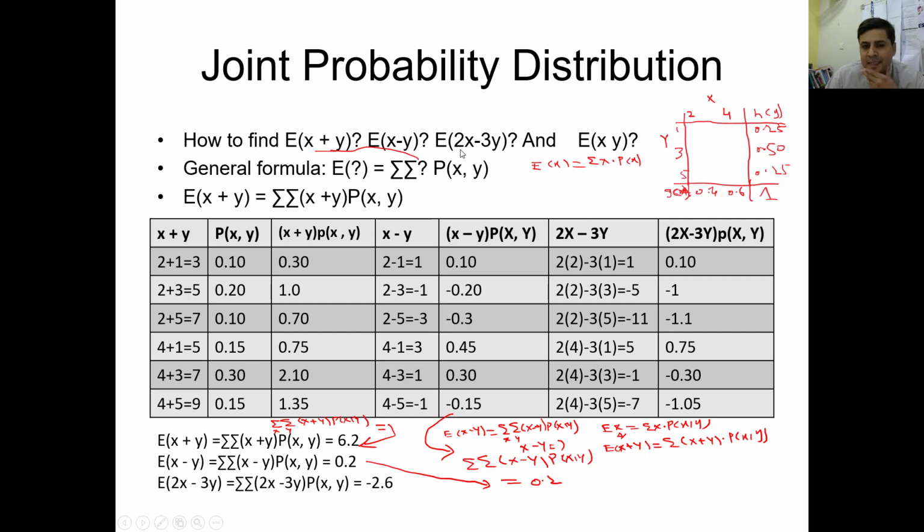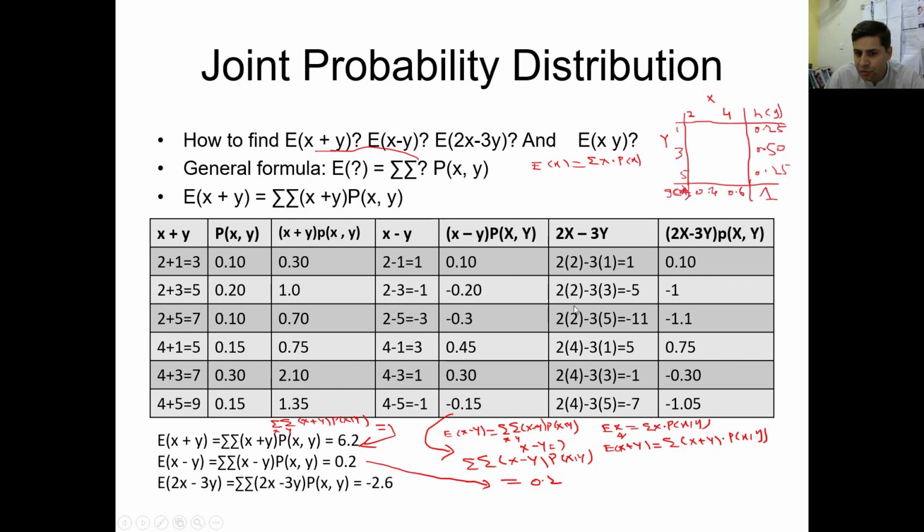Now they are asking you how you will calculate 2x minus 3y. So this is very simple, because this is 2x minus 3y, 2 will be multiplying with 2. So you can see 2 multiplied with 2 when x is 2, minus 3 when y is equal to 1. So it will be equal to 1, 2 twos are 4, and minus 3 will be 1.